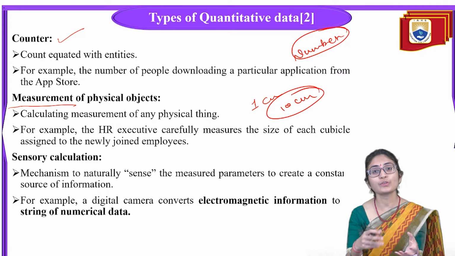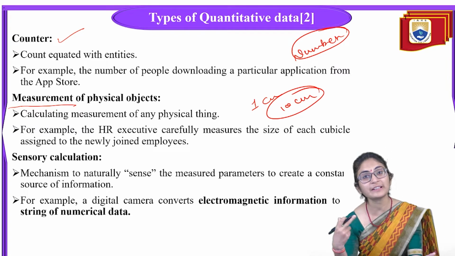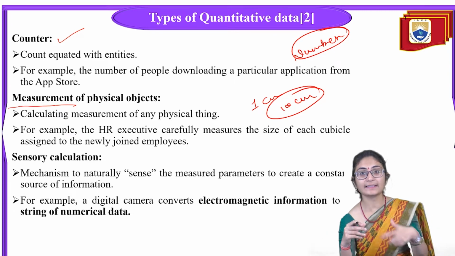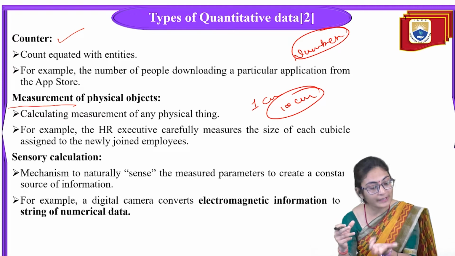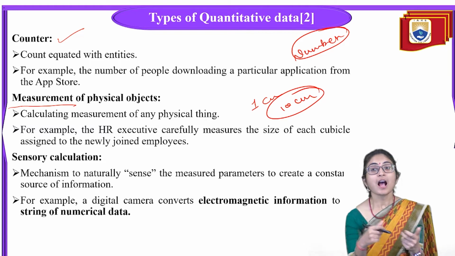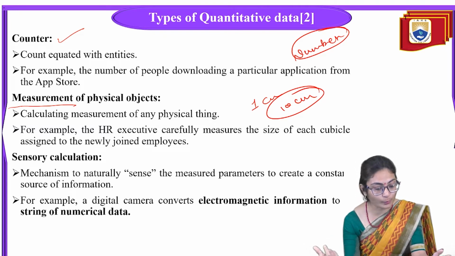That means it is showing numbers. Measurement is always available in numbers. For example, an HR executive generally measures the size of a cubicle assigned to newly joined employees. That means it will show the measurement of any physical object.